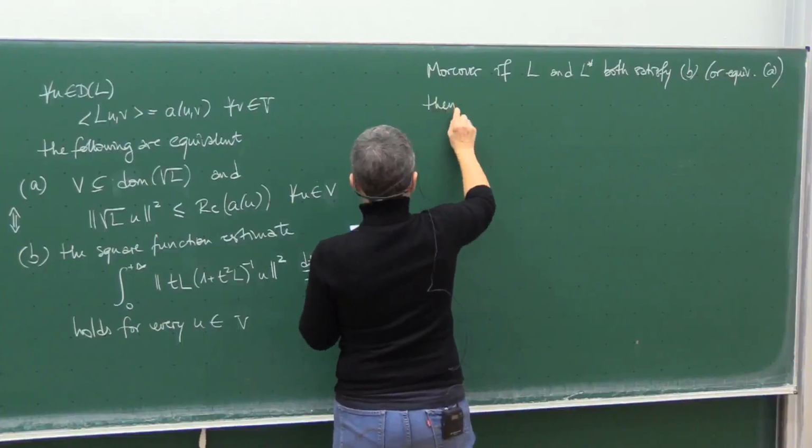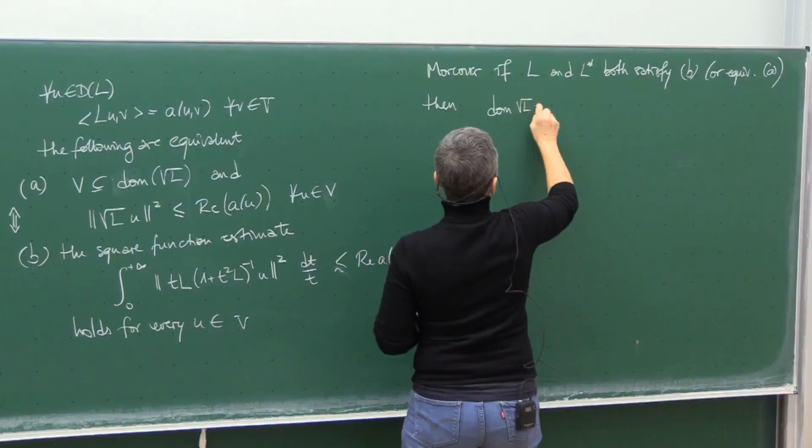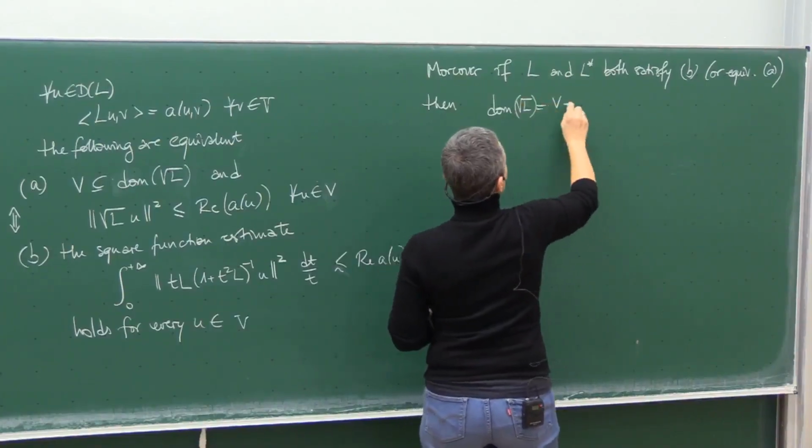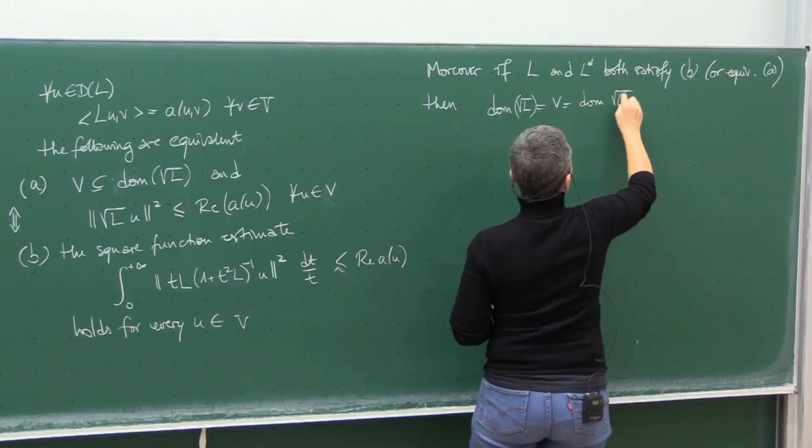then the domain of the square root of L is equal to V, and this is also equal to the domain of the square root of L star.